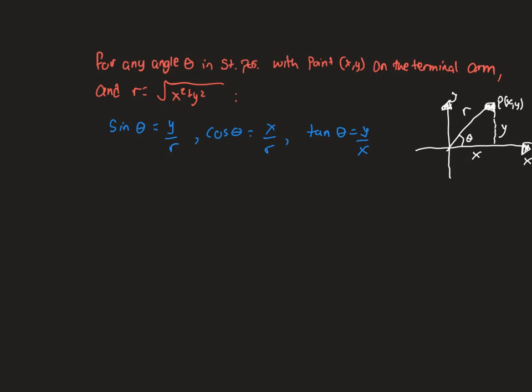So, this also leads us to another thing we could talk about, which is something called CAST. So, let me show you what this means. What CAST is, is basically something that shows you in which quadrant they are positive.